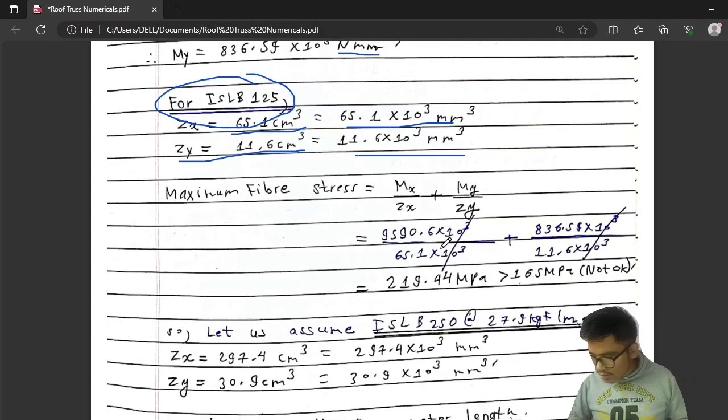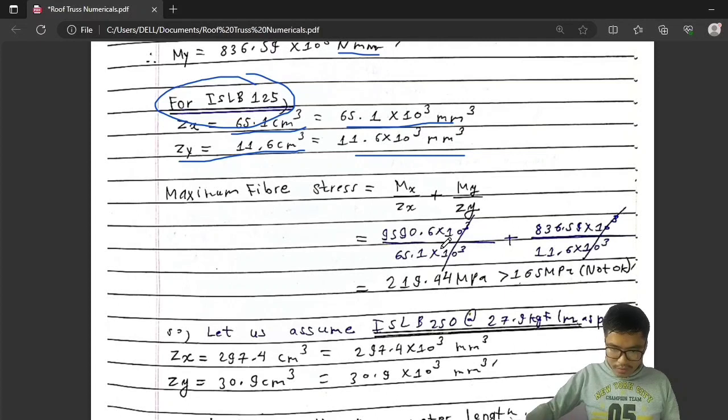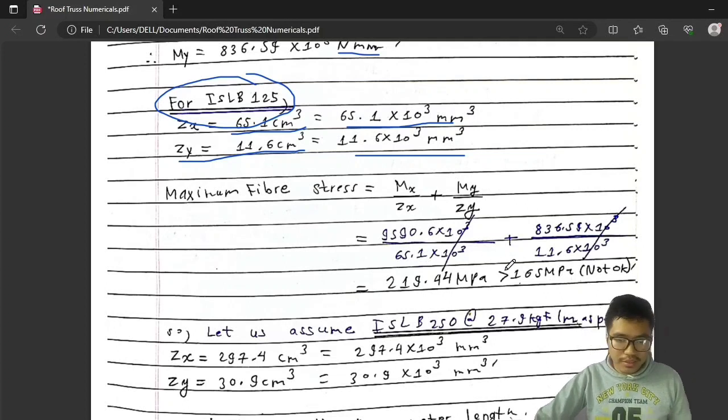From section 6 of IS 800 1984, maximum bending stress is 0.66 of Fy, that is 250 in our case, which is 165. So maximum bending stress should be 165, but the maximum fiber stress is 219, which is much greater than this, so not okay.